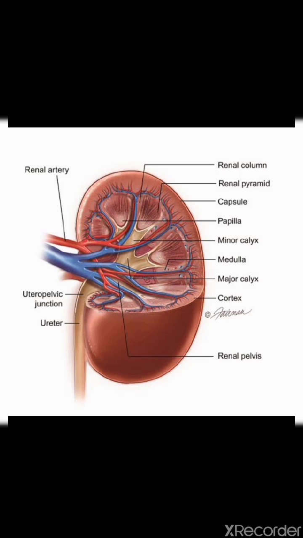I hope it is clear, class, that the kidney is divided into two zones: the outer dark red zone, that is the cortex, and the inner pale red zone, that is the medulla.